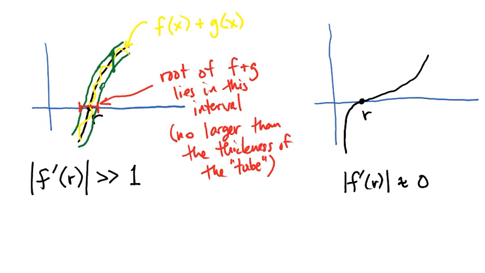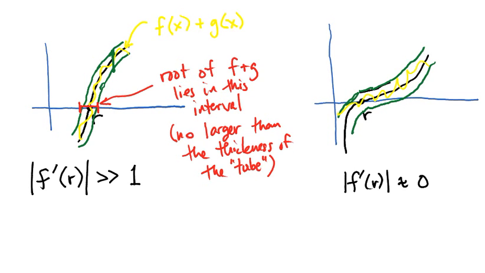Now if we draw our tube around the function, whoops, that's supposed to be green. So our actual function wiggles around in there somehow.